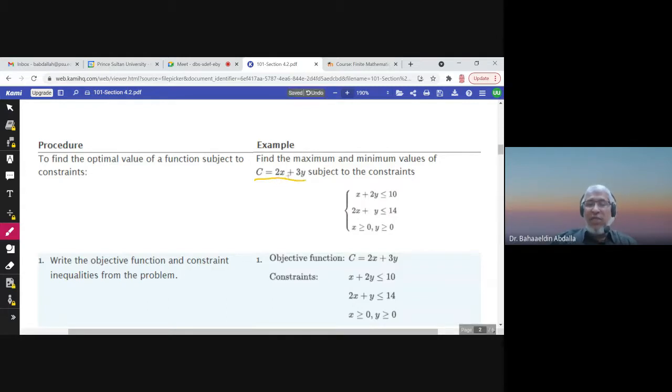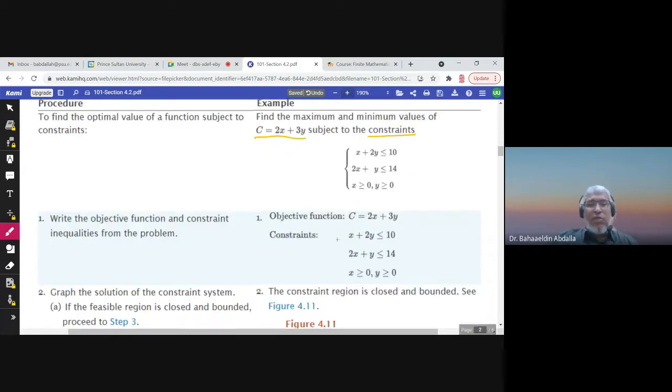You can see that it's a linear function because x has power 1 and y has power 1, subject to constraints. These are the constraints, okay, 2, 3, 4 constraints. So how do we find the maximum or the minimum of this objective function?